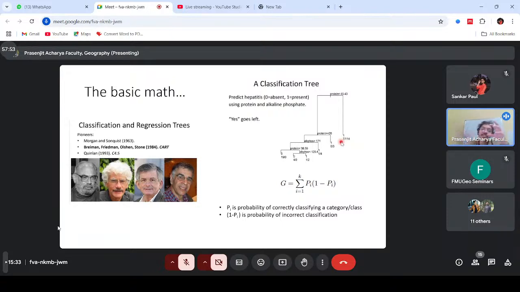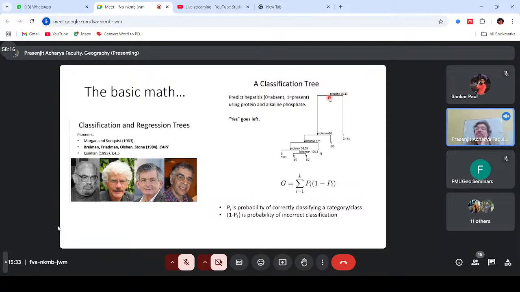But if I reduce the chances of either present or absent, I have pure classes. So out of all possible protein values that lined up in my input vector space, 45.43 is the best splitting criteria for which I get the minimum Gini impurity value.